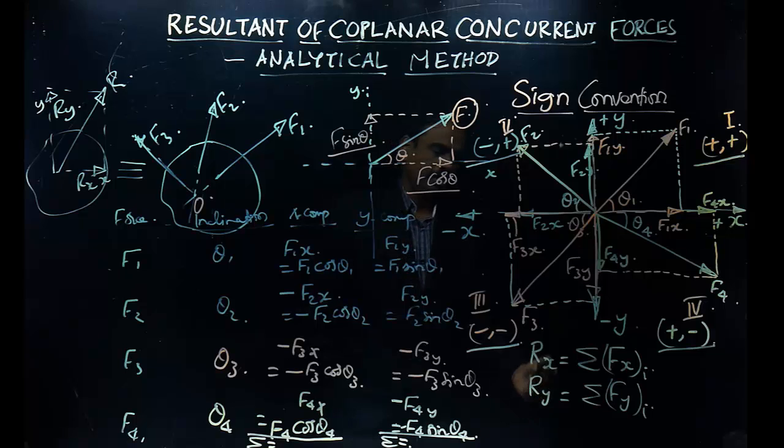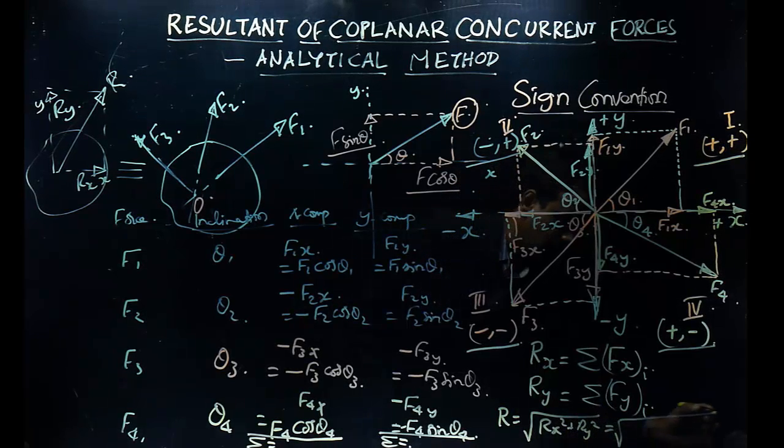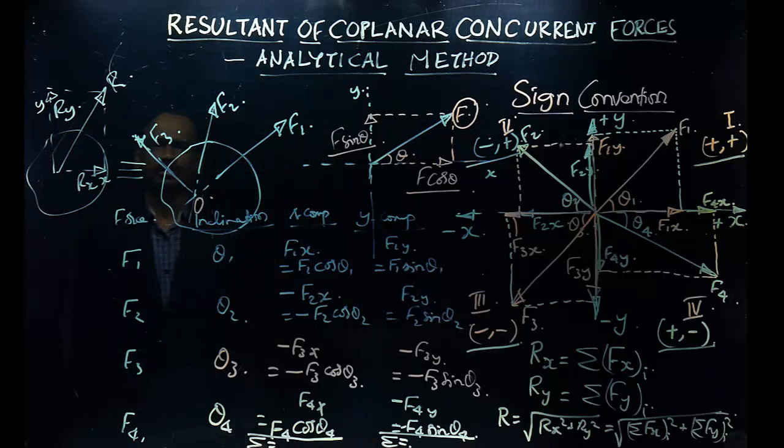Now if I want to find the magnitude of the resultant, all I have to do is R is equal to square root of Rx squared plus Ry squared, or in other words, it is square root of sigma Fxi whole squared plus sigma Fyi whole squared. This will give me the magnitude of the resultant force.